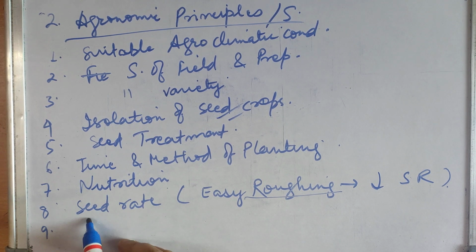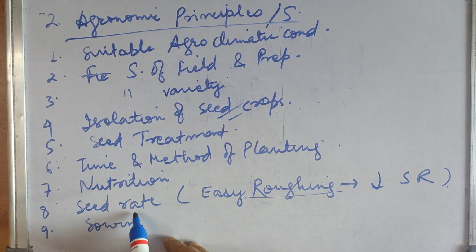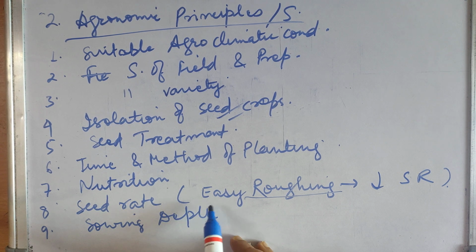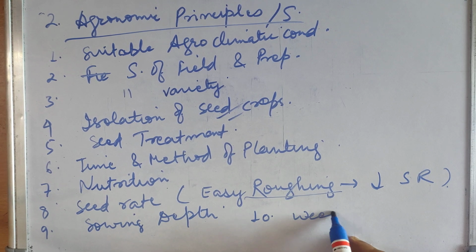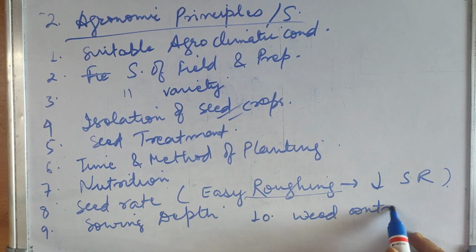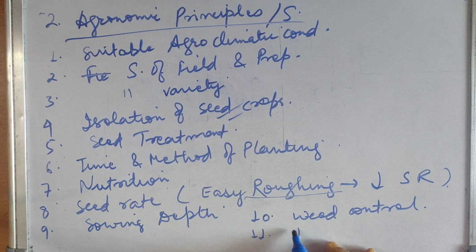Depth of sowing should be proper as per variety or seed. We need to do weed control. Proper irrigation should be there.